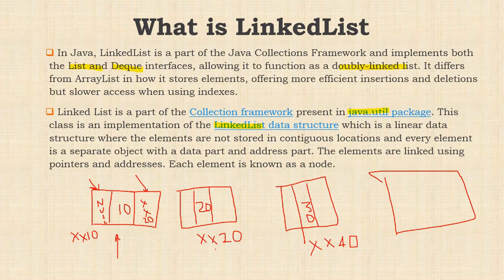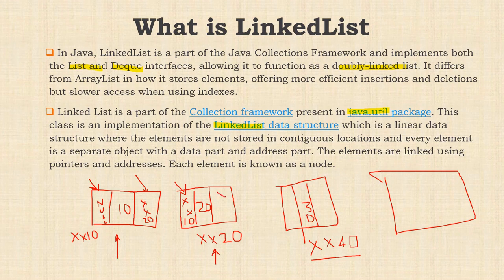In the second node, the data is 20. Here it will store the address of the previous node, which is xx10. And here it will store the address of the next node, which is 30, whose address is xx40.